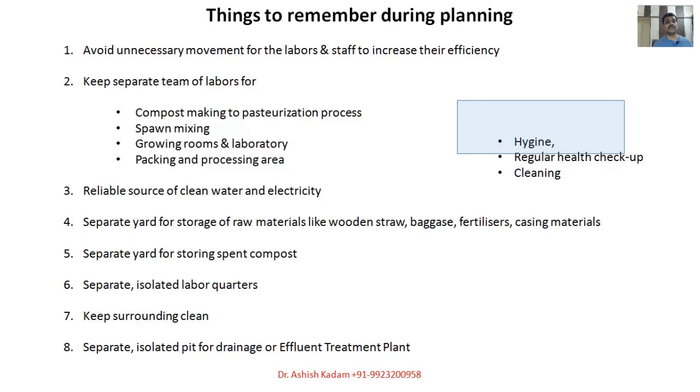Otherwise, if you use the same team for spawn mixing, compost making and packing, there is a possibility of cross contamination, just like what you are seeing with the corona disease, which is spreading like anything across the globe. It is a kind of cross contamination.